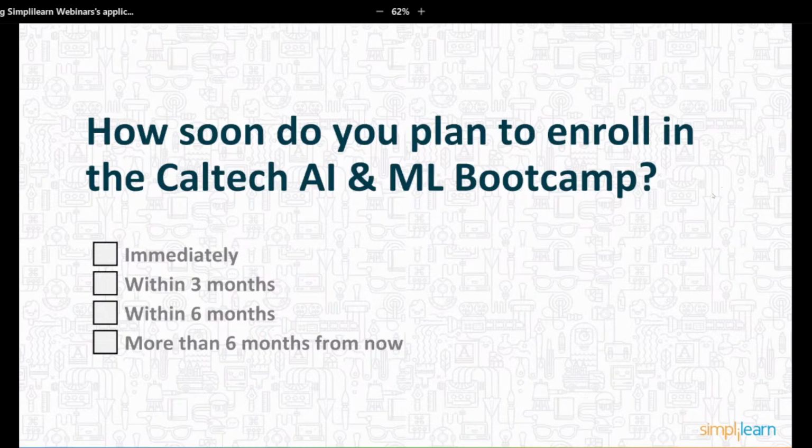We have 25% who say that they'd like to do this within 3 months, so maybe the next cohort after October, and the rest are looking at longer term. Be assured that the program will be available to you whenever you are ready to take that step.